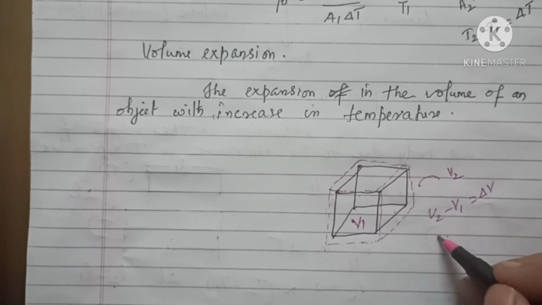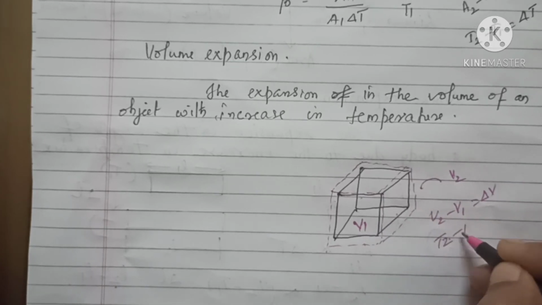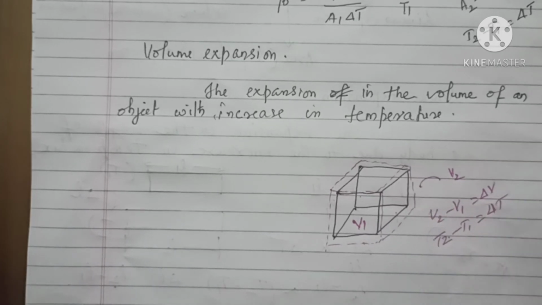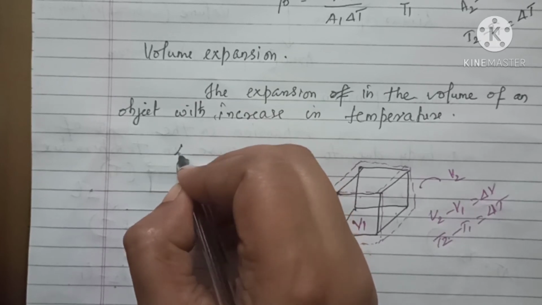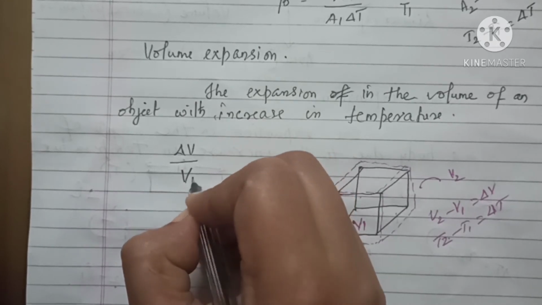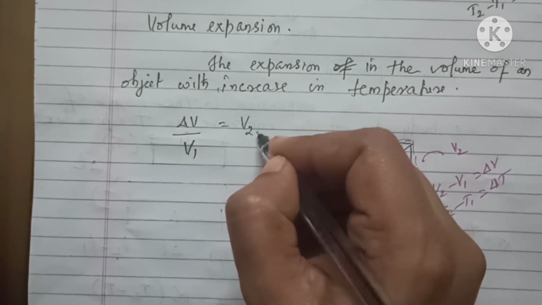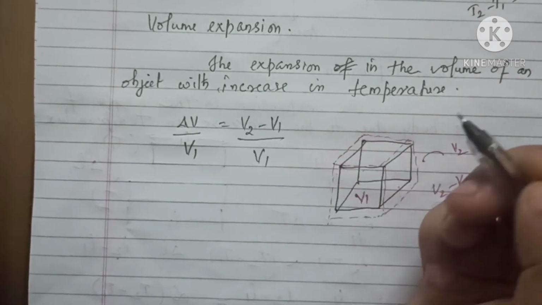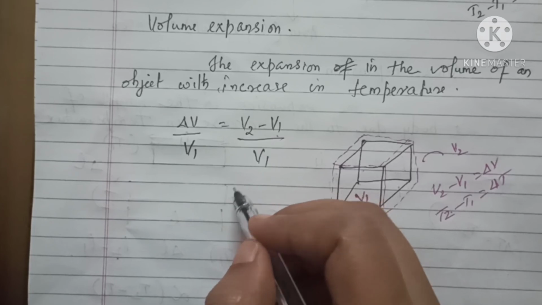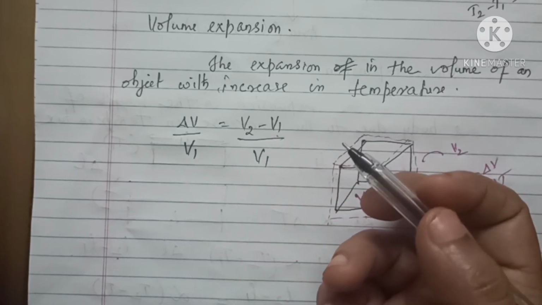Now the temperature, as you know, first it was T1 and then it becomes T2. So the change in temperature is T2 minus T1, which is delta T. Now similar to the last expression, you can write the fractional change in volume, that is delta V by V1. Delta V by V1, you can write it as V2 minus V1 by V1, isn't it? And it is actually proportional to the change in temperature.